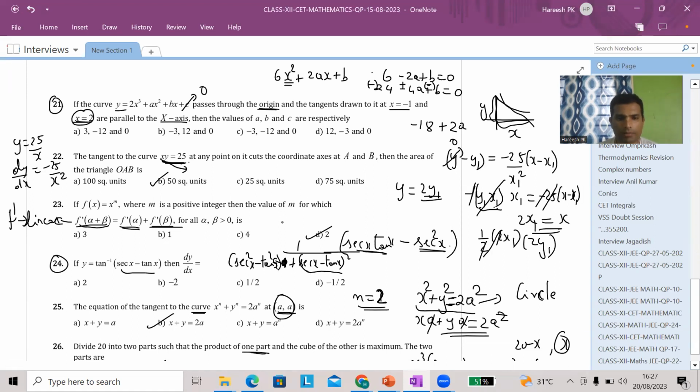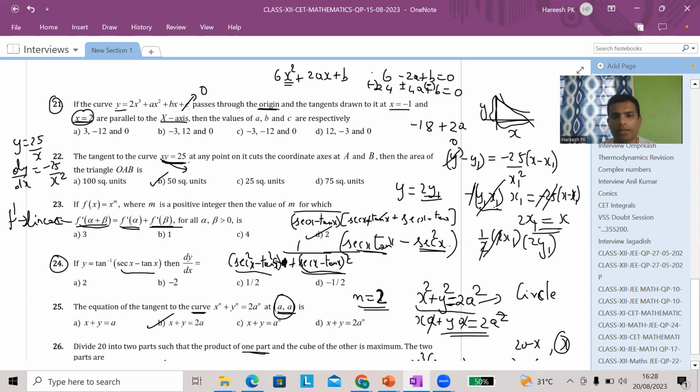So we can pull out secant x minus tan x from the denominator, and you'll only be left with secant x minus tan x in the denominator. In the first term you'll be left with secant x plus tan x, and in the second term, because it's a whole square there, one secant x minus tan x will remain, right?